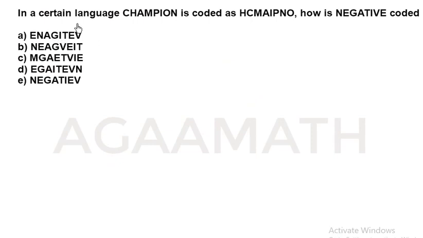The next question: in a certain language, champion is coded as HCMAIPNO. How is negative coded? If you observe this, champion is CHAMPION.